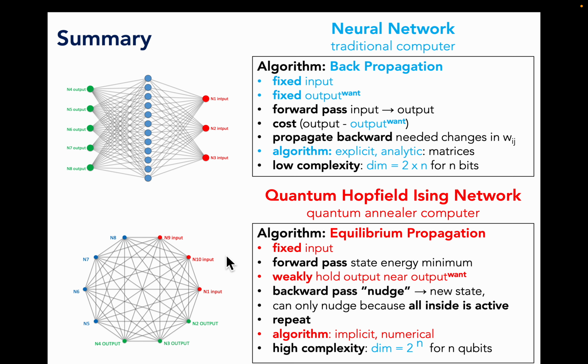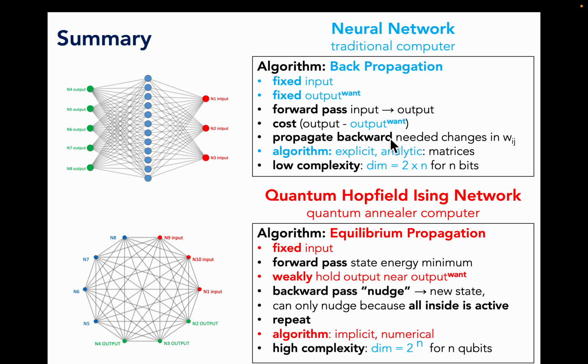So, to summarize, a traditional neural network we train using backpropagation. We fix the input, we know the output we want, we do a forward pass and compute from the input to the output, but we didn't get exactly the output we want, but we know the difference.